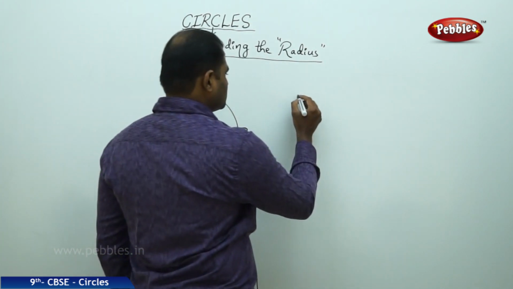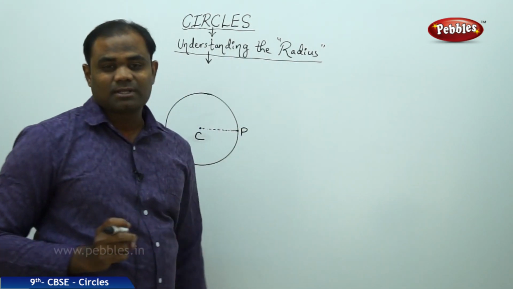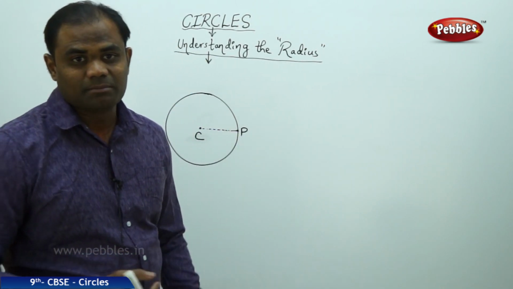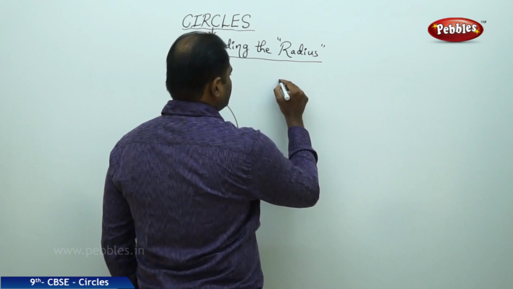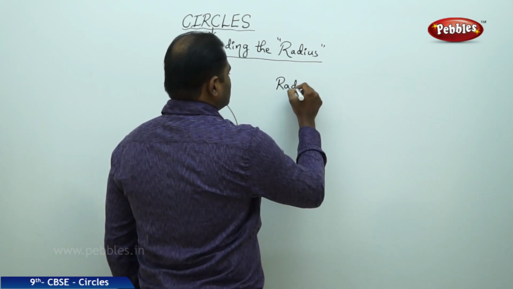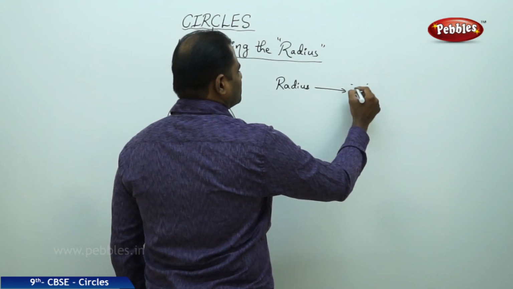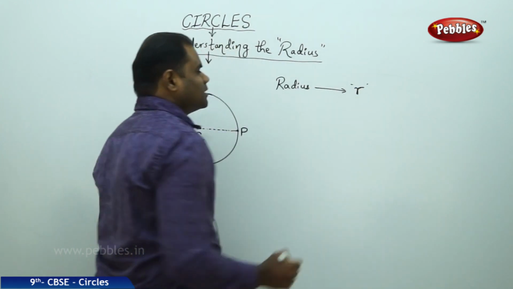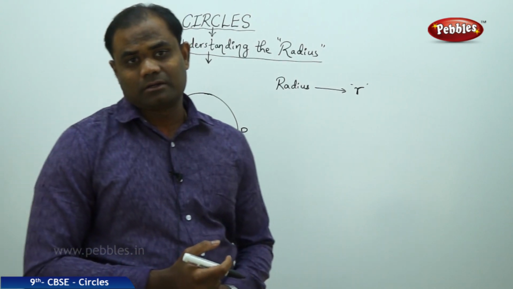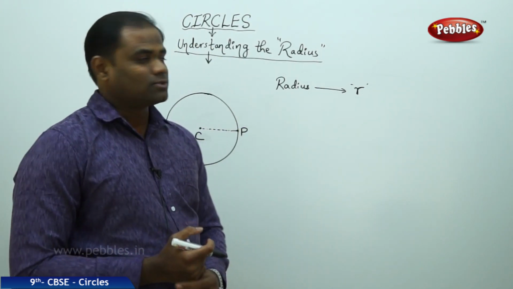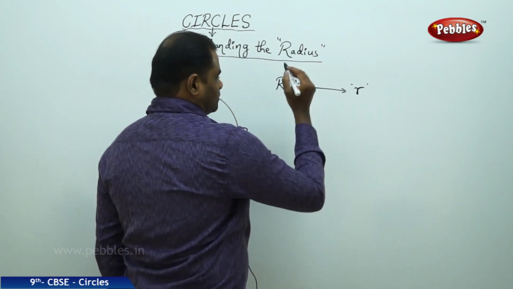The distance CP is called the radius, but sometimes the radius is also represented by the line segment CP. So radius is generally denoted by small r. When I represent the radius, I represent it with r.